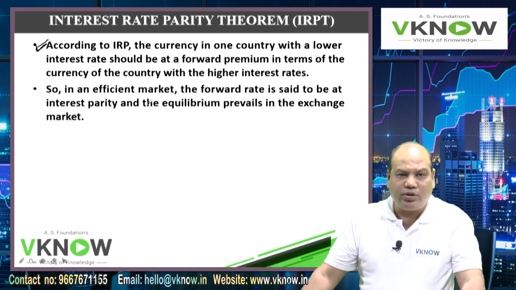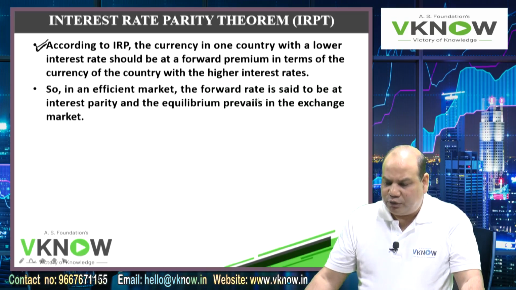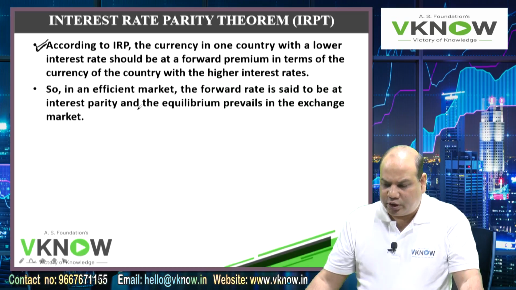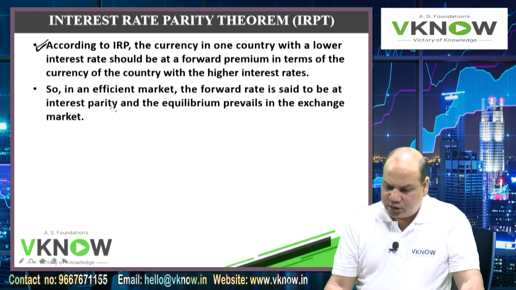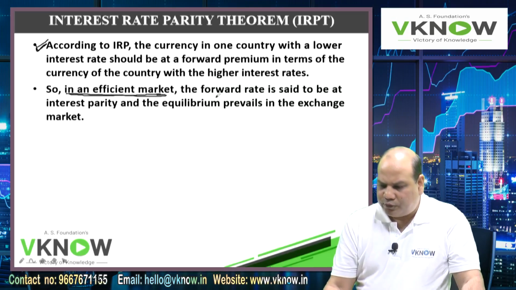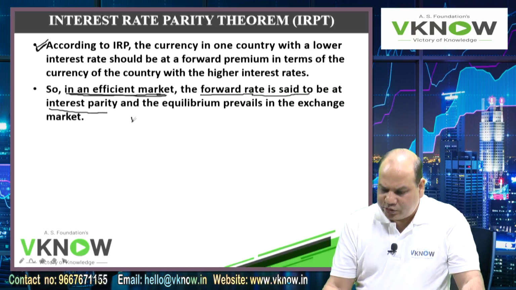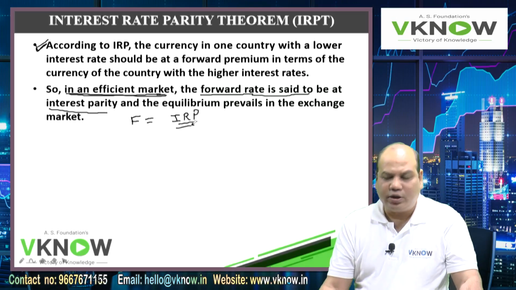So in an efficient market, the forward rate is said to be at interest rate parity, and the equilibrium prevails in the exchange rate market. What do you mean by this line? In your questions which are going to come now, they will say that forward rate is said to be at interest rate parity. It means the bank will quote you the forward rate as per interest rate parity theorem.